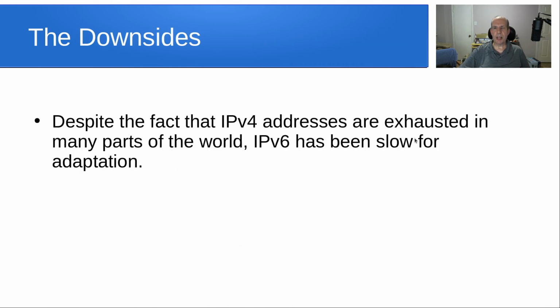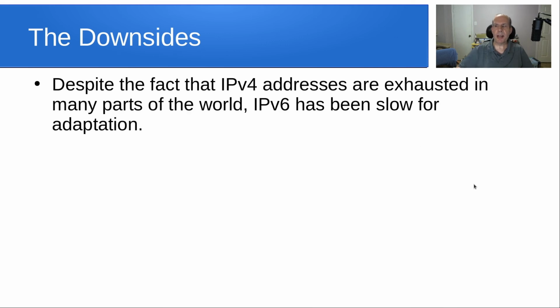So the downsides. Well, despite the fact that IPv4 addresses are exhausted in many parts of the world, notably places like some parts of Asia and some parts of Western Europe, IPv6 has been kind of slow for adoption. So we don't have IPv6 up and running all the way down to the user level in a lot of cases.